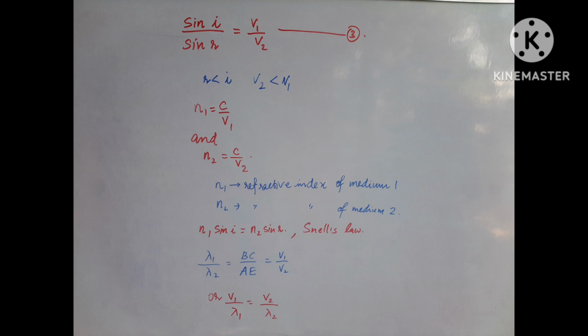So lambda 2 is the distance traveled in this case. We get lambda 1 by lambda 2 is BC by AE, that is v1 tau by v2 tau. Tau cancels, and we get v1 by v2. So if we rearrange the equation, we get v1 by lambda 1 is equal to v2 by lambda 2. It says when v2 decreases, lambda 2 also decreases. So as it passes from one medium to another, velocity and wavelength may decrease, but frequency remains the same.